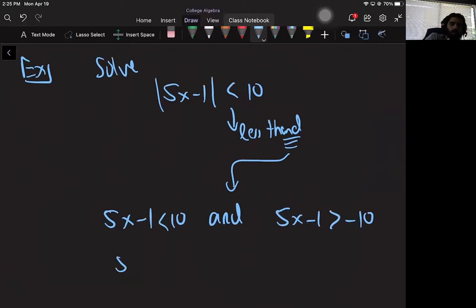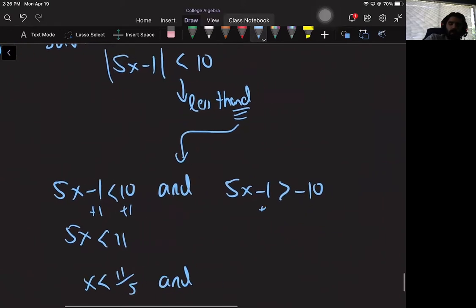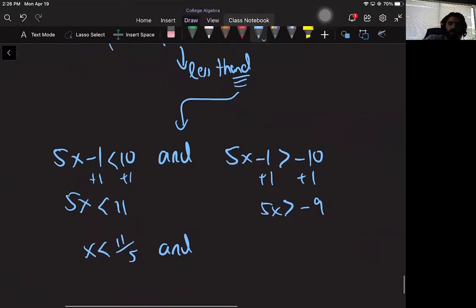Okay, so 5x, I just add 1 to both sides, is less than 11. X is less than 11 over 5. And add 1 to this one. 5x is greater than -9. X is greater than -9/5.